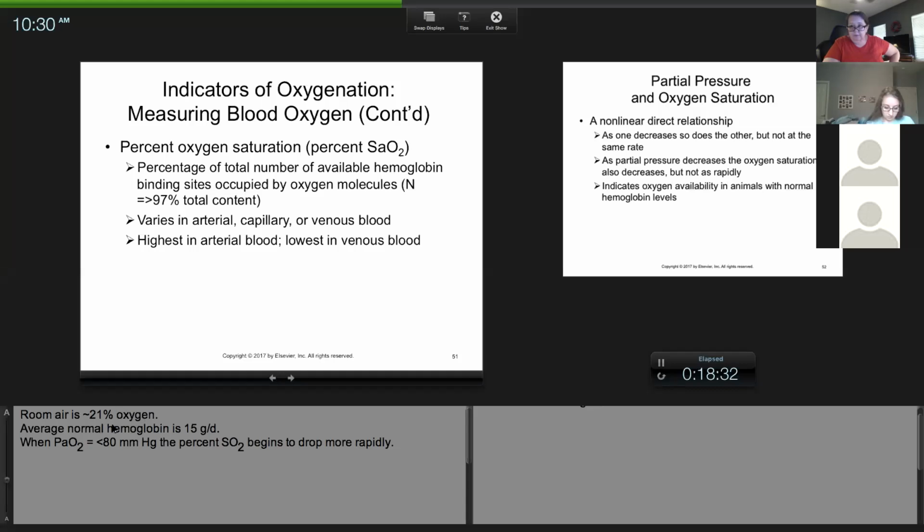I think a lot of people know this, but room air is only 21% oxygen. When we're breathing right now, it's only 21%. When you have an animal on anesthesia, they are breathing 100% oxygen when they're intubated. If you're holding a hose in front of their face and they're breathing oxygen, you're putting 100% oxygen in front of them, but they're getting some room air.